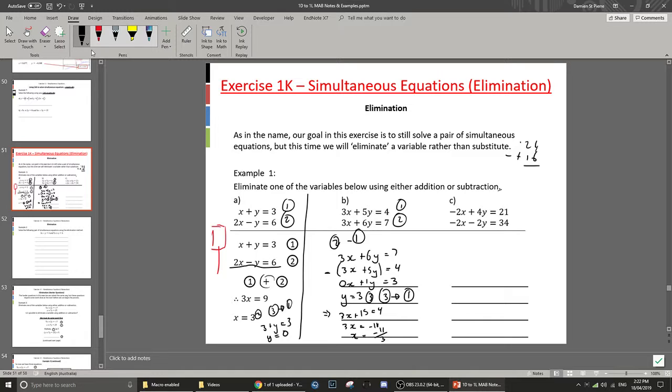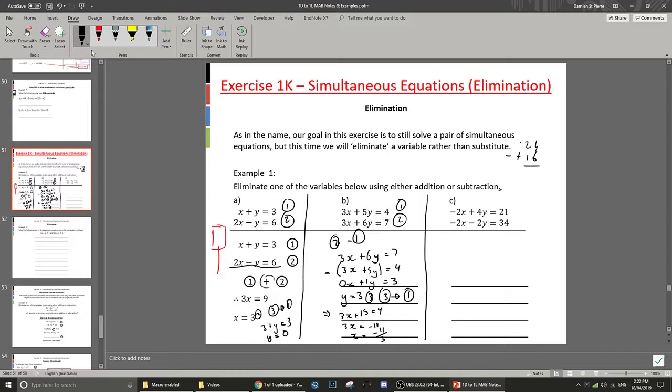Okay. Now we have this problem over here. So same case, our y's are different, so we're not going to eliminate using our y's at the moment. The x's we have the same amount, so we will eliminate by eliminating the x's. Are we going to do addition or subtraction?